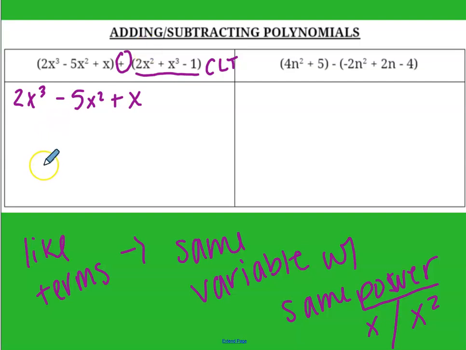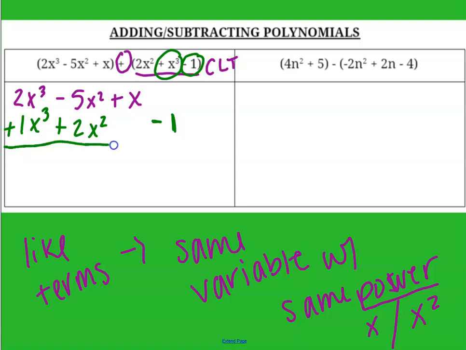So I'm adding 2x squared, so I'm going to put that underneath the 5x squared, plus x to the 3rd, so I'm going to put that underneath the 2x to the 3rd, and I'm going to add that coefficient of 1, and then minus 1. Now there's no like term in the first equation, so I'm just going to put the minus 1 here at the end so I don't add that to anything that it's not a like term.